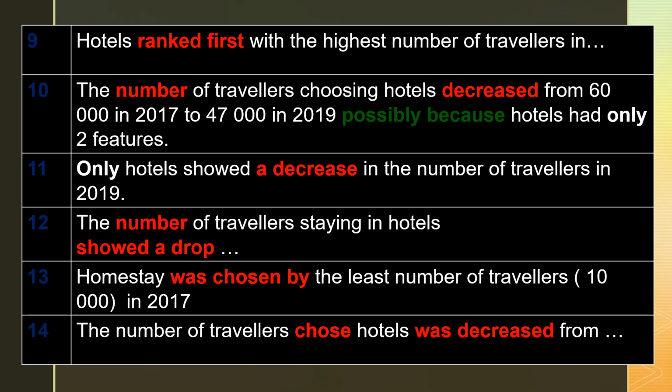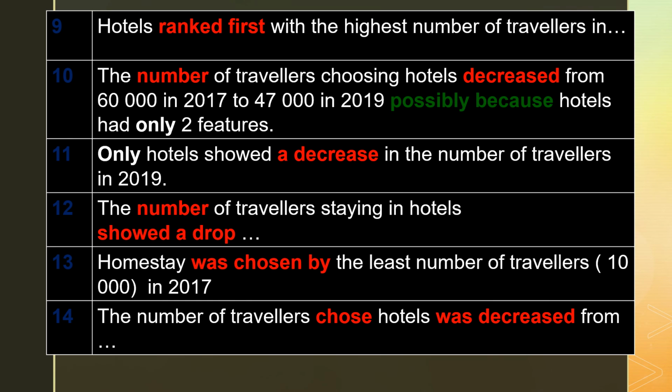Okay, hotels rank first. Is it correct? Which is wrong. What about the number of travelers choosing hotel decreased from this date? You see, it decreased from 60,000 in 2017 to 47,000 in 2019 because hotels had 2 features only.